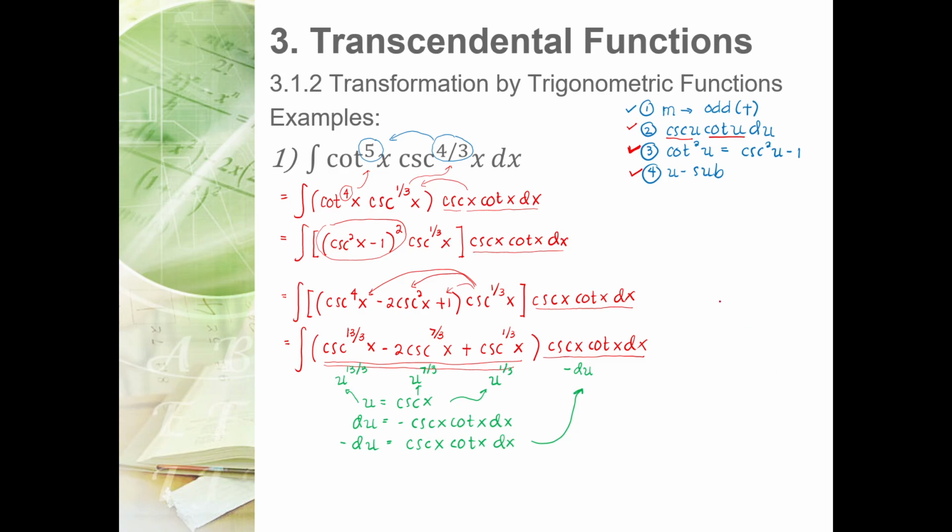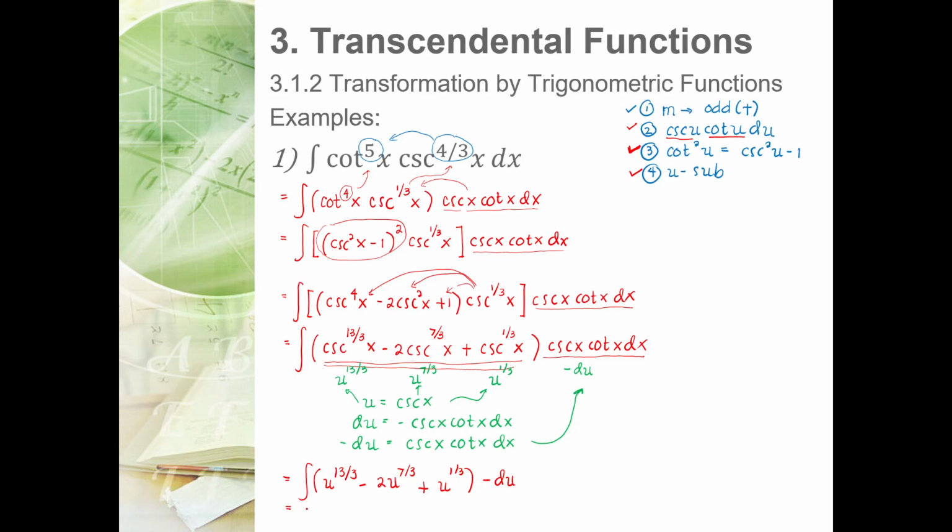By substituting the different values of your u, we now have u to the 13 over 3 minus 2 u to the 7/3 plus u to the 1/3, then negative du.